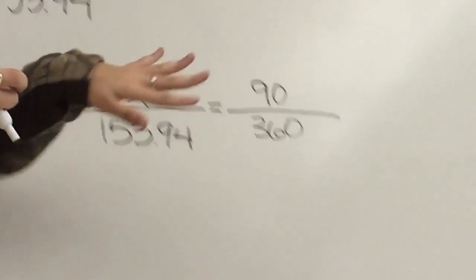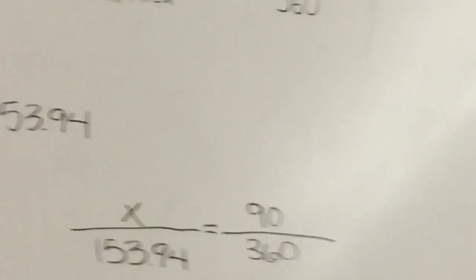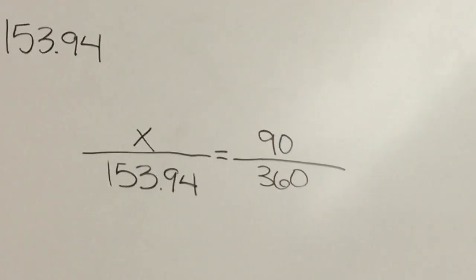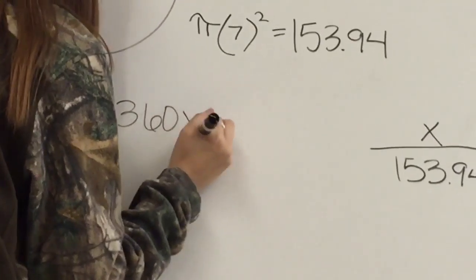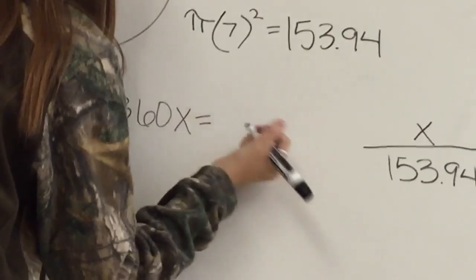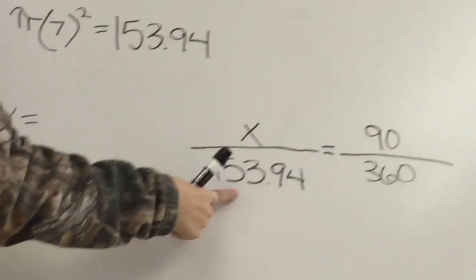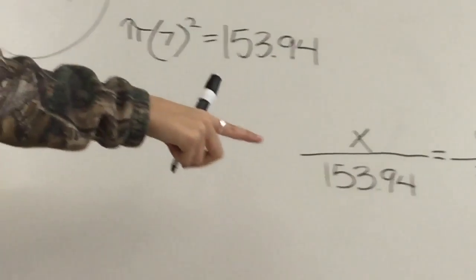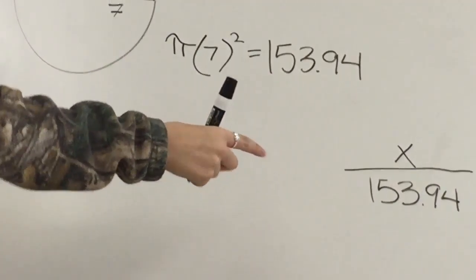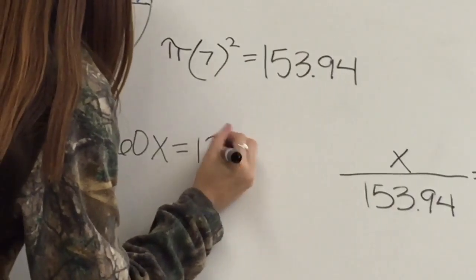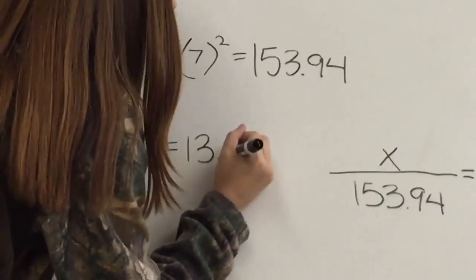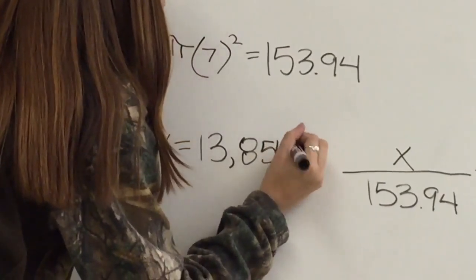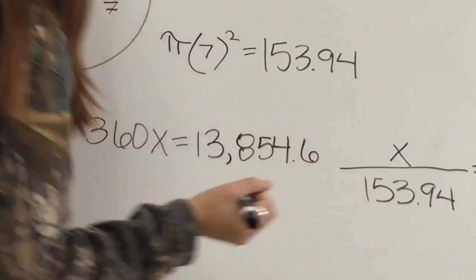Now, what we can do is just cross multiply all of this out and then solve it. So that will be 360x equals 90 times 153.94, which will come out to be 13,854.6.